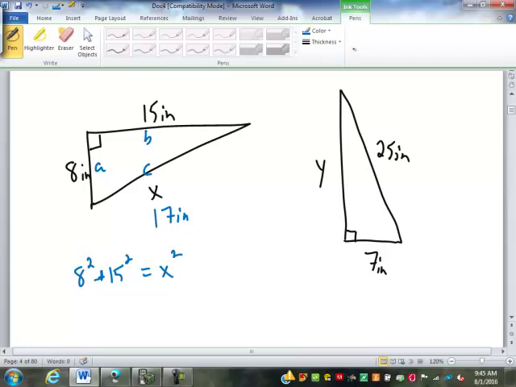Then you can walk the equation to get that x is 17. How about over here? What'd you get for y? 24. Good. Because you have a squared plus b squared equals c squared again, but now it's a that's missing. So it's y squared plus 7 squared equals 25 squared. Any questions?